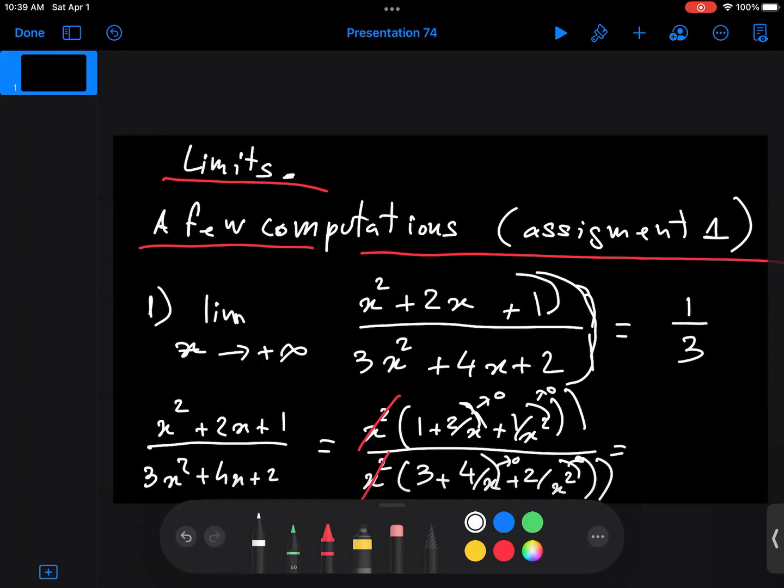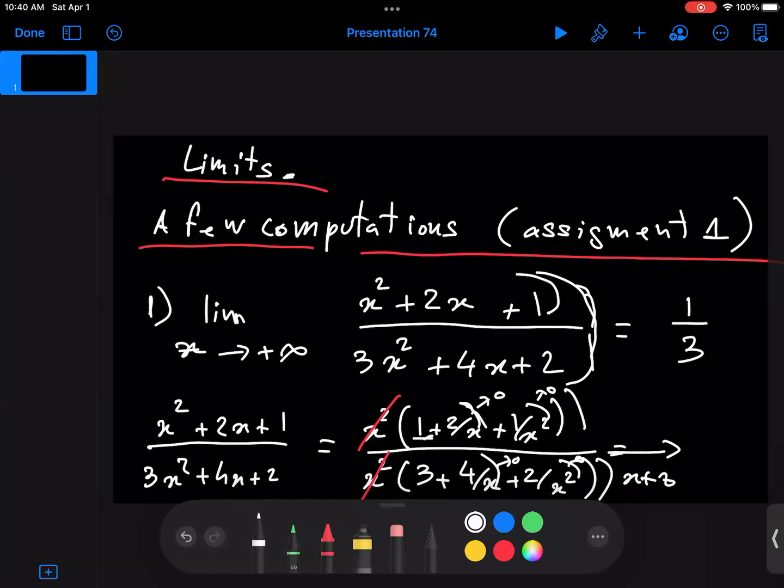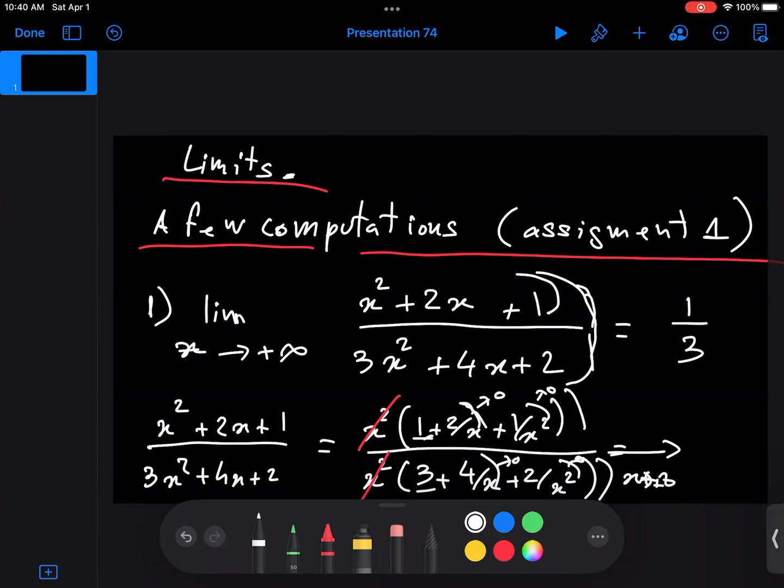So what remains is 1, because 1 plus 0 plus 0 plus 0 equals 1, and 3 plus 0 plus 0 equals 3. So finally, this converges to 1 divided by 3 as x converges to plus infinity.